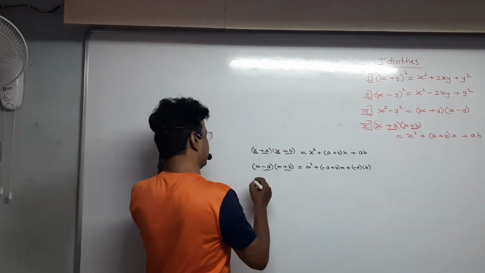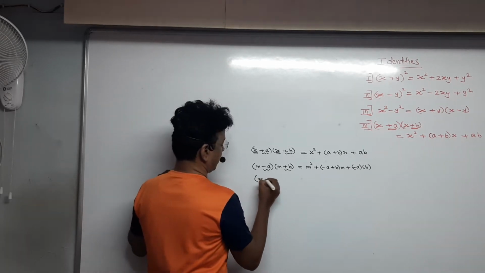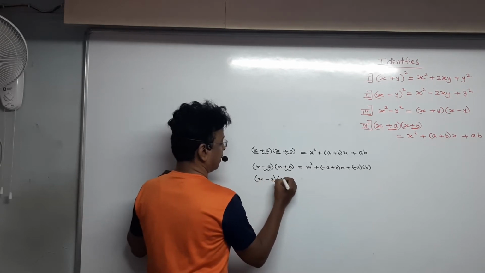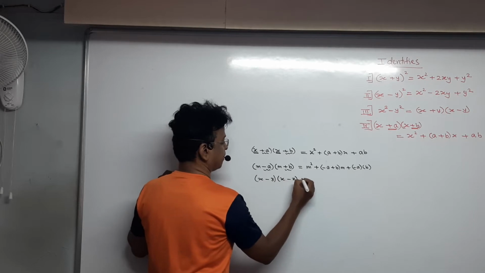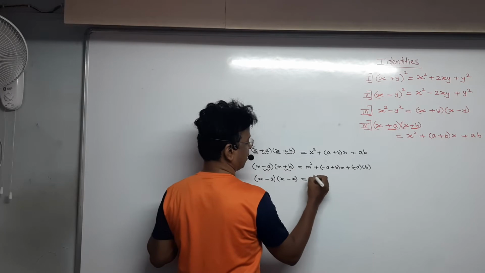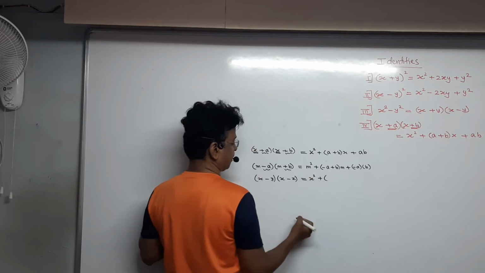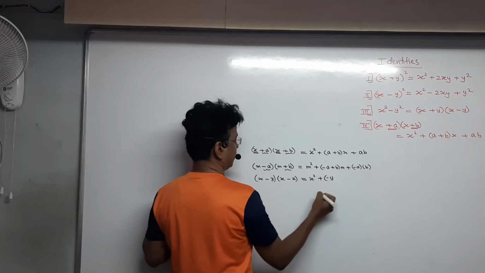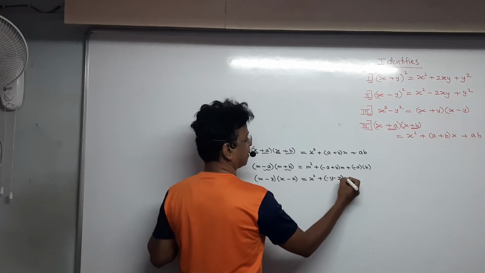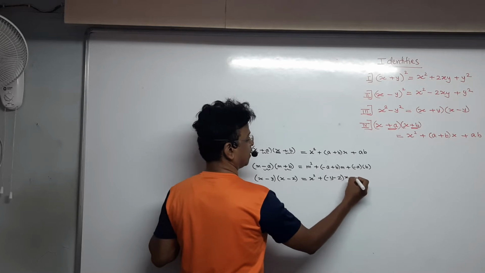Supposing it would have been like this, (x minus y) into (x minus z), then what would you write? x square, always plus, in the bracket minus y minus z, times x.